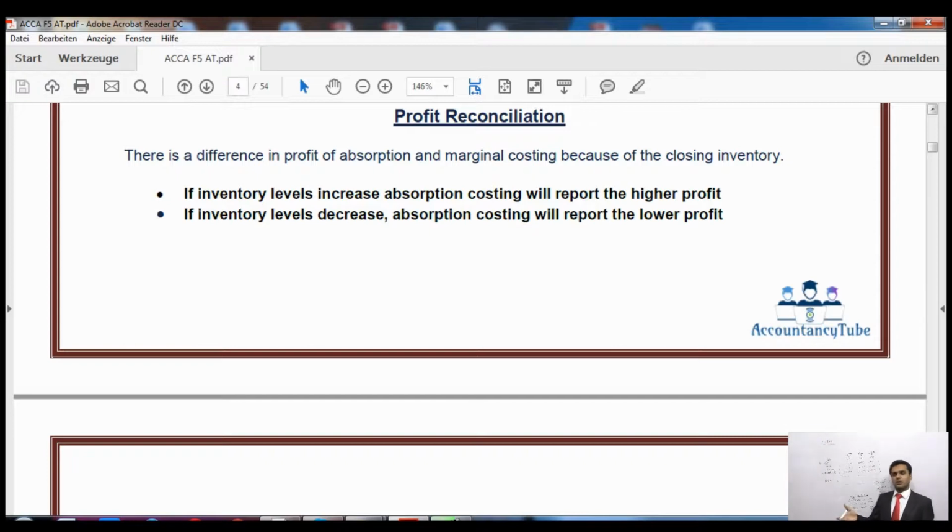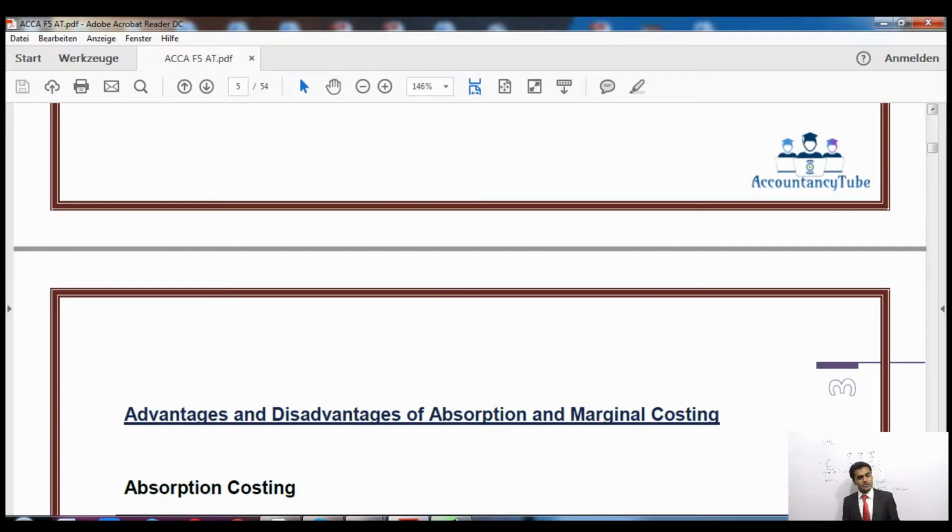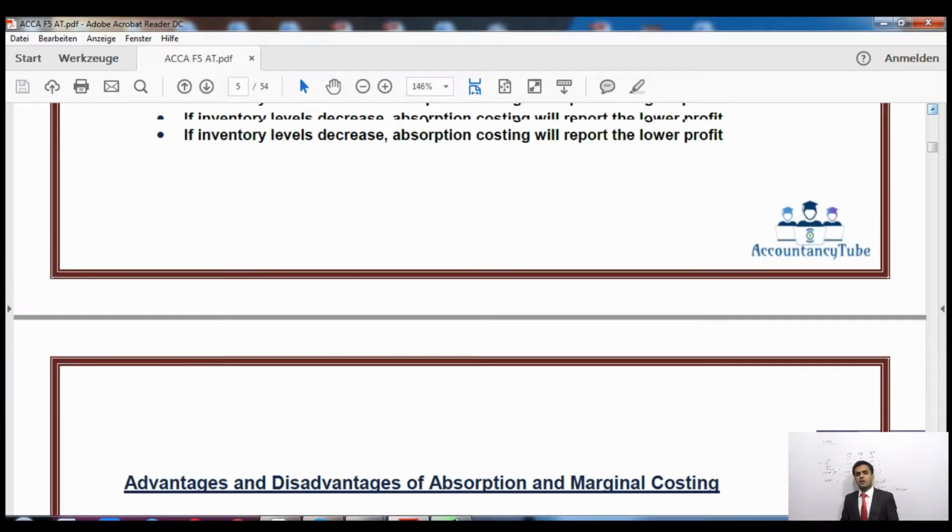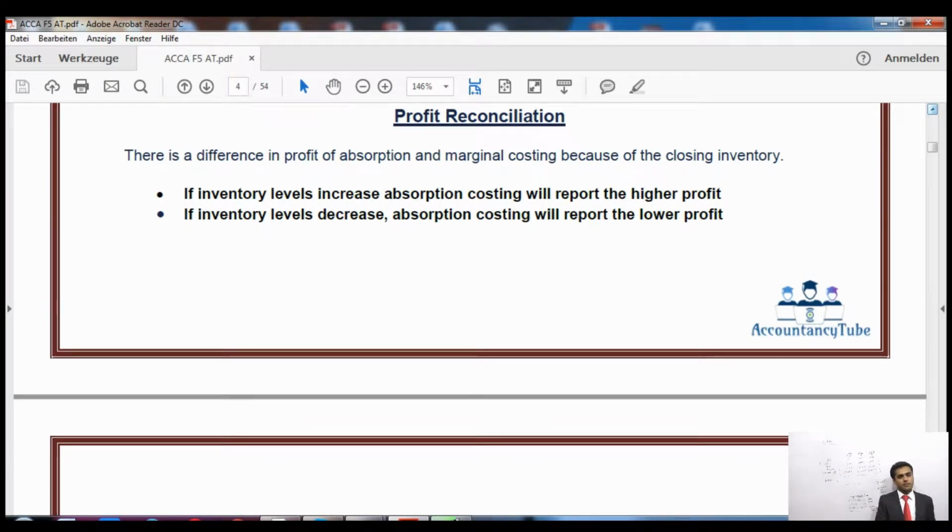If we look at the long term, the profit is going to be exactly the same whether we use absorption costing or marginal costing. However, in the short term, the profit is going to be different because of the inventory level, right? If the inventory has increased in the year, then the profit is going to be different under marginal and absorption costing, and if the inventory has decreased, then the profit is going to be different.